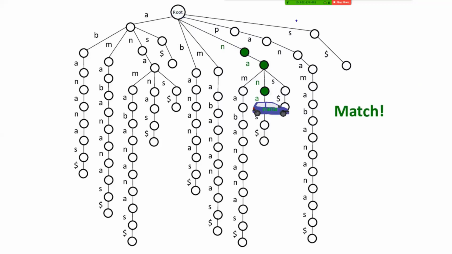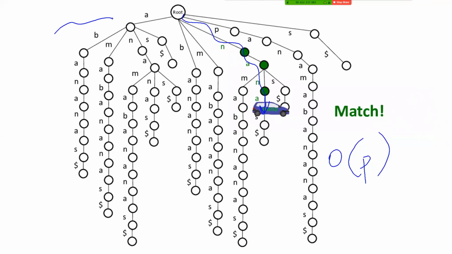Let's talk about how long it took us to find a match. The number of steps that we would have to travel down is just the length of the pattern. Let me use a small p for that. If I'm searching for Nana, I just need to go down 4 steps. I don't need to explore the rest of the positions of the genome.